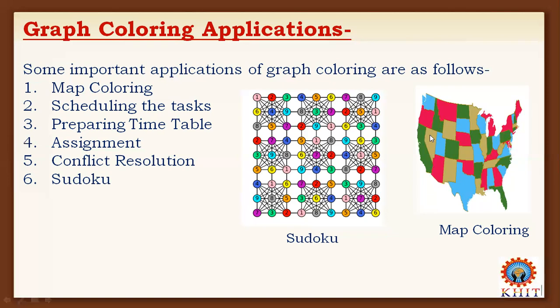Here we have used red, blue, green, and a light yellowish color, a total of four different colors. I have colored the given map. Why do I need to color the map? To identify the distinct areas, which is possible with color. That's why we need to do coloring.